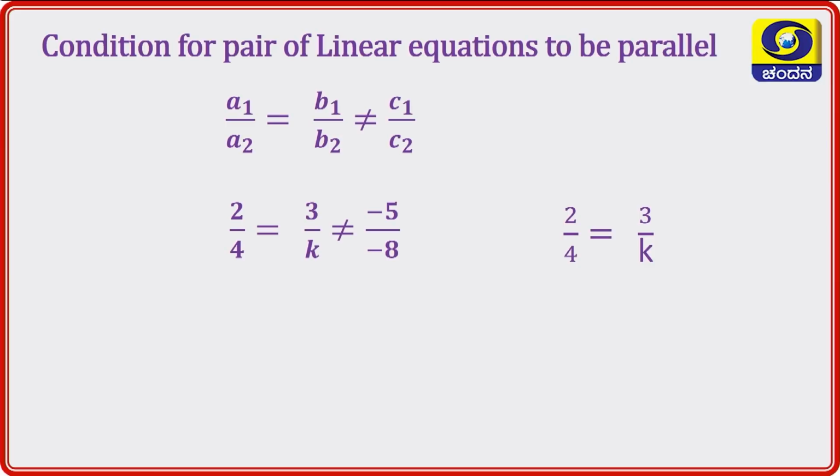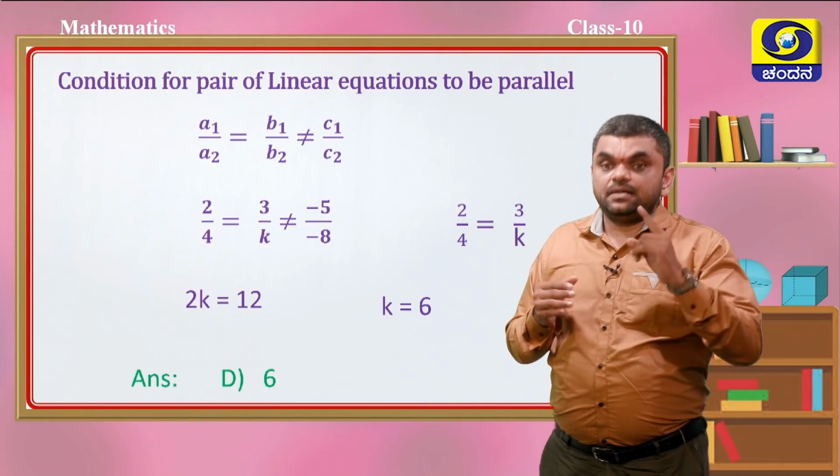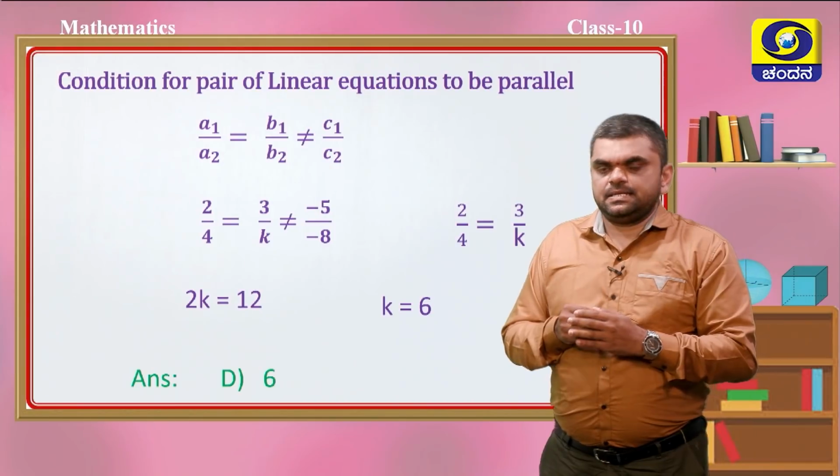We consider only two ratios here, a1 by a2 and b1 by b2, because both are equal. When we cross multiply, 2 by 4 is equal to 3 by k, 2k is equal to 12 and k is equal to 6. We got the value k is equal to 6. So the answer is option D, that is 6.